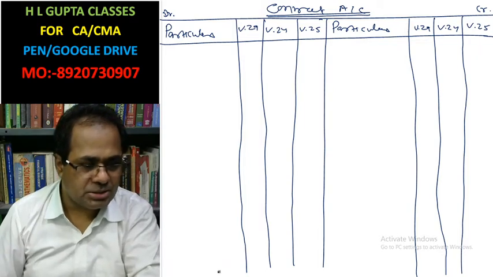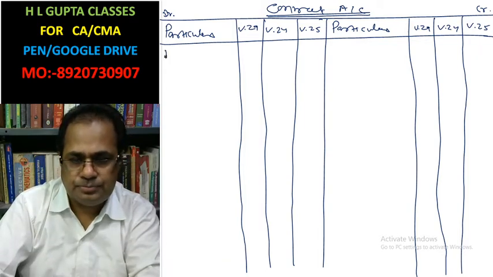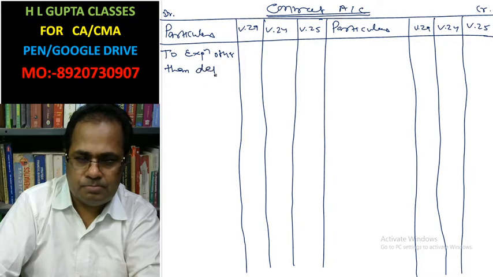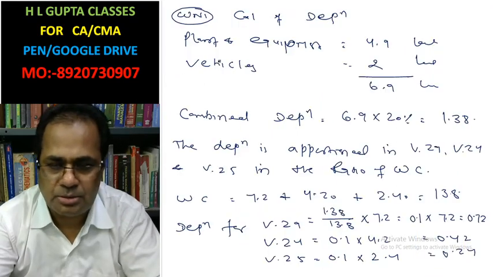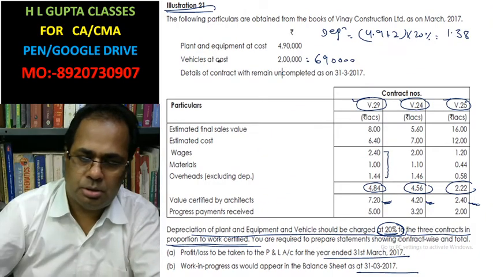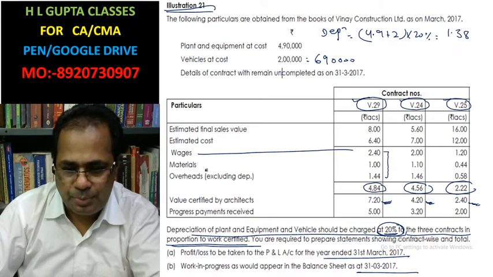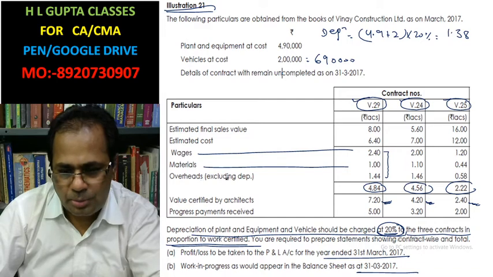To expenditure other than depreciation. Please look at it. Wages is this, material is this, overhead is this.